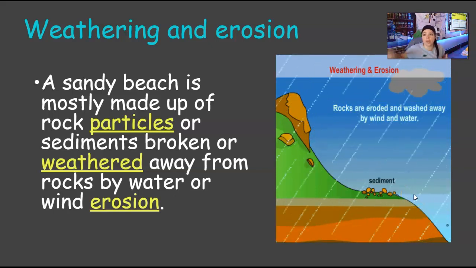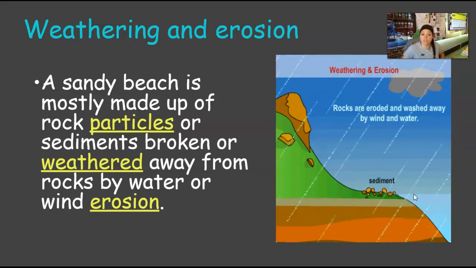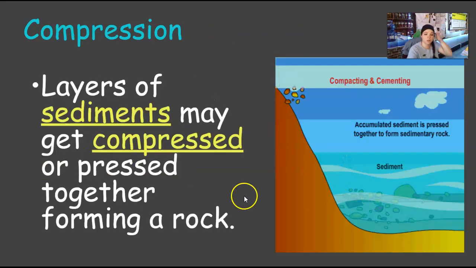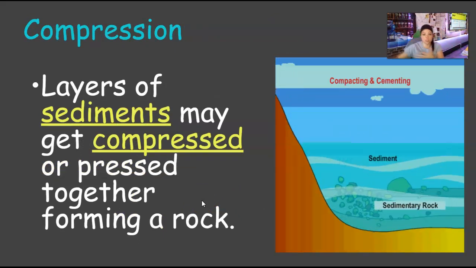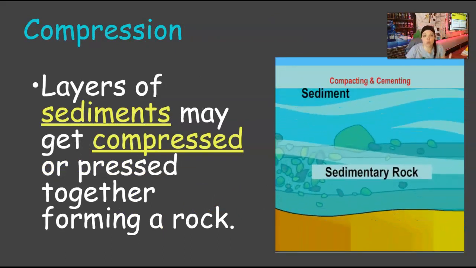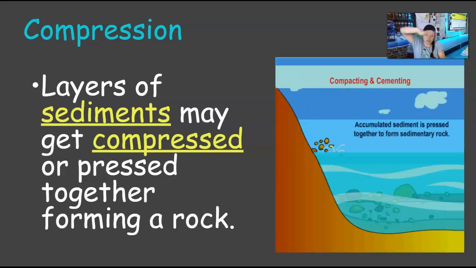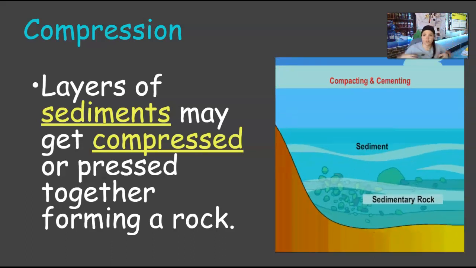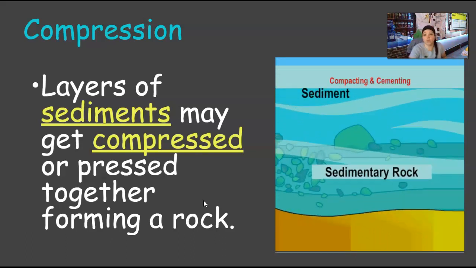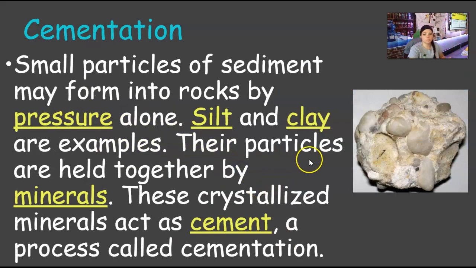It pulls it away and it places it somewhere else. It deposits it somewhere else. And then once all that stuff gets put somewhere else, it starts compressing because you've got layers and layers of sediments. They start to get compressed or pressed together as more and more rocks and sediments and stuff get piled on top. And these form sedimentary rocks.